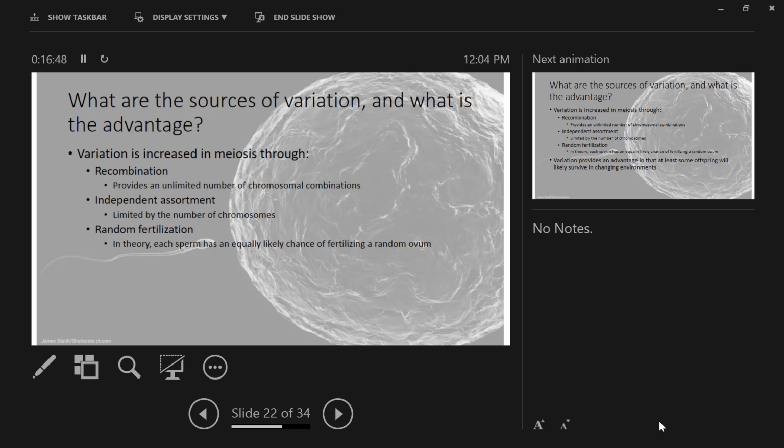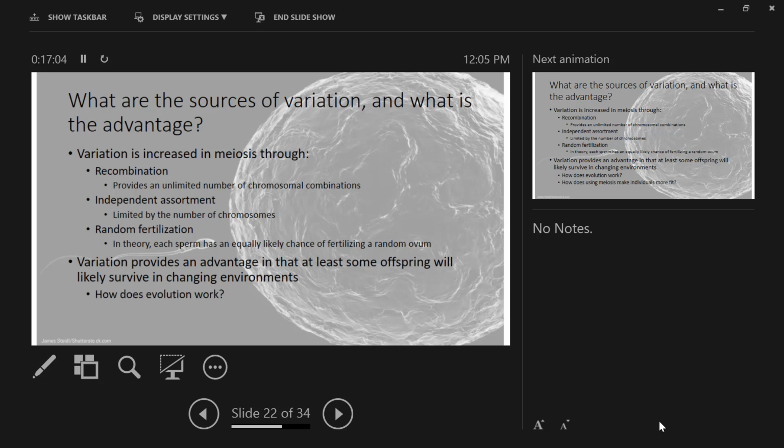But in theory, every sperm has an equal opportunity to fertilize that ovum. And every sperm is genetically distinct from every other sperm. Right? And so these are the ways in which we increase variation. And the benefit of this is it ensures that there's a pretty good chance that at least some of your offspring are going to survive.